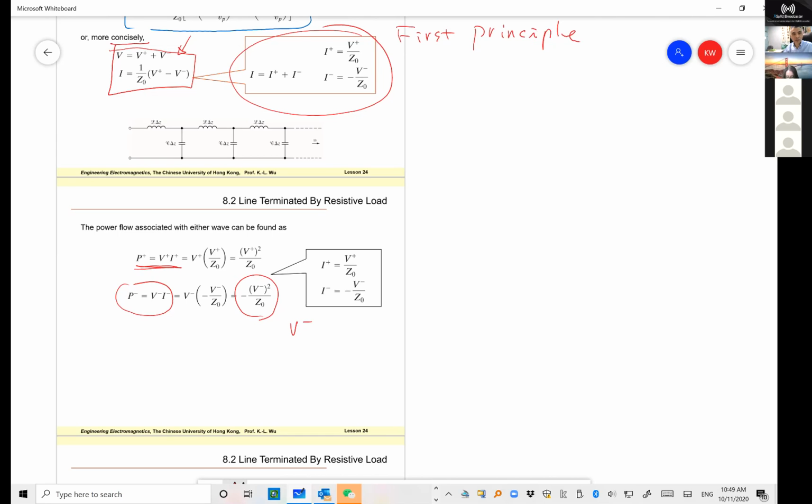From the plane wave expression and the basic boundary conditions we need to satisfy, we can derive them in less than 1 or 2 minutes. So we find the reflection coefficient, the relation between voltage and current, and between the electric field and the magnetic field. That can all be derived, right?